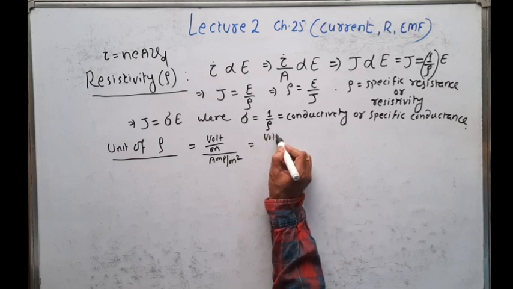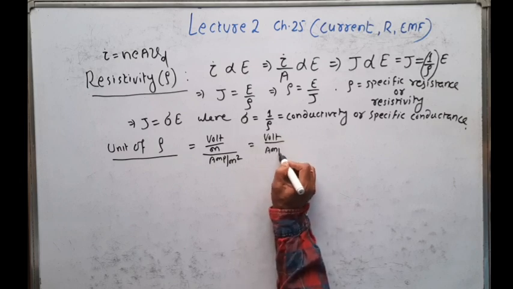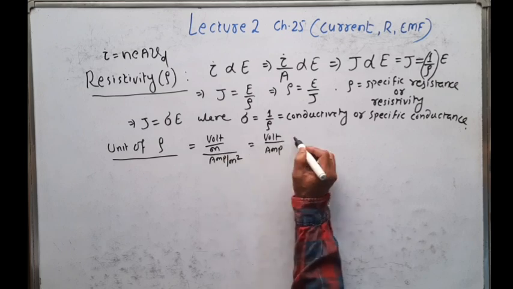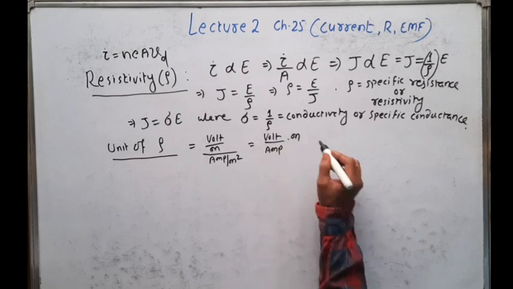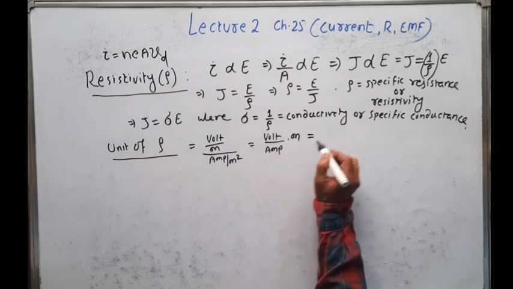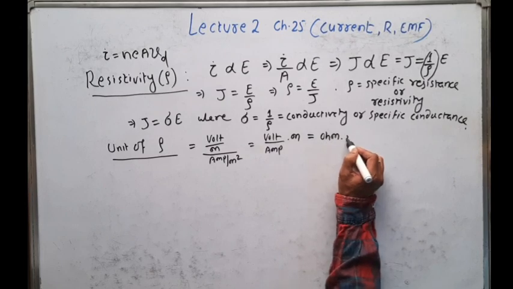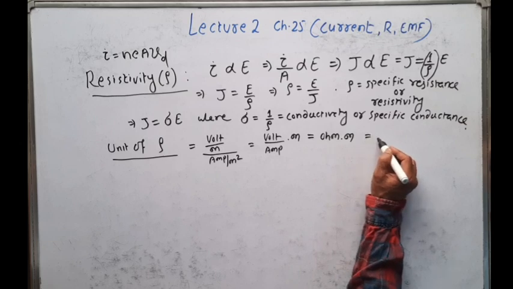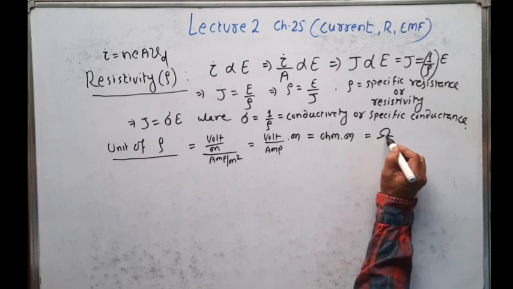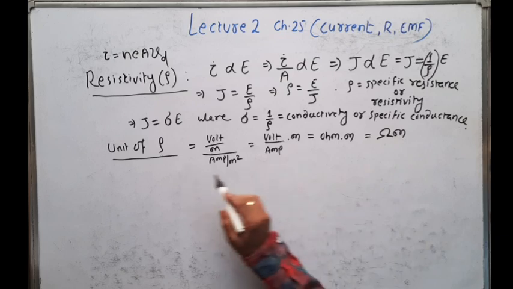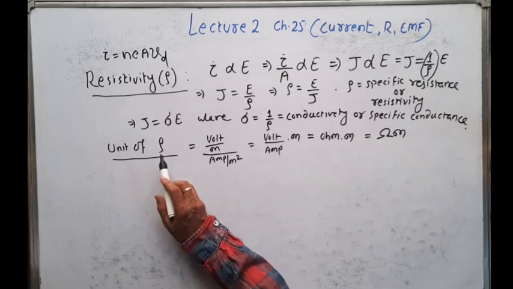That implies volt by ampere into meter square by meter, that is meter. Volt by ampere is nothing but ohm, and this is meter. So ohm meter is the unit of rho.